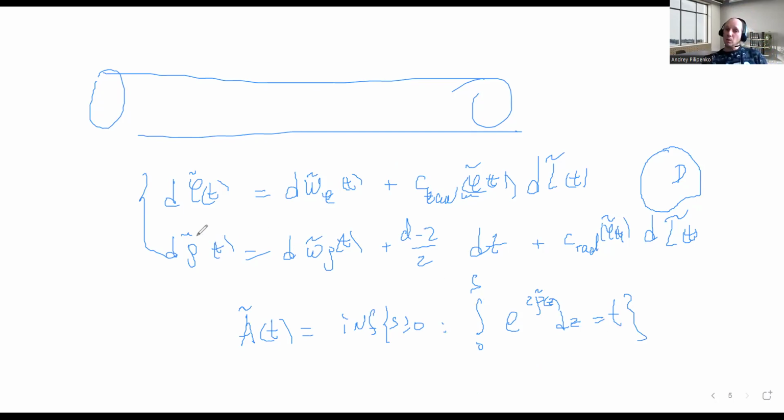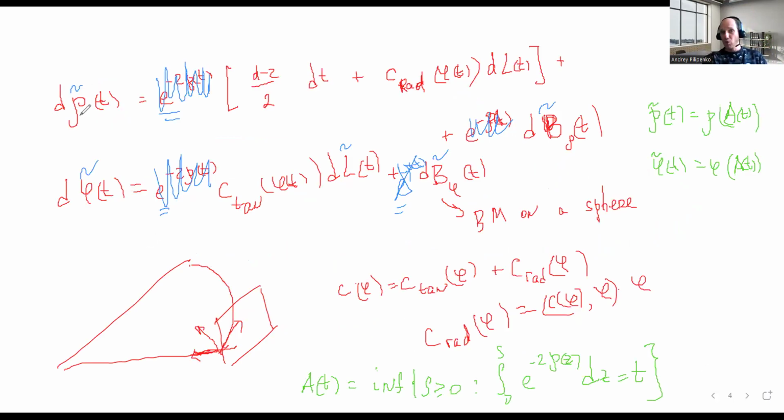And I told you that if rho converges to minus infinity in this new time, then rho without tilde converges to vertex in real time. Oh, no, rho converges to minus infinity in real time, and radius, or this diffusion, converges to vertex.